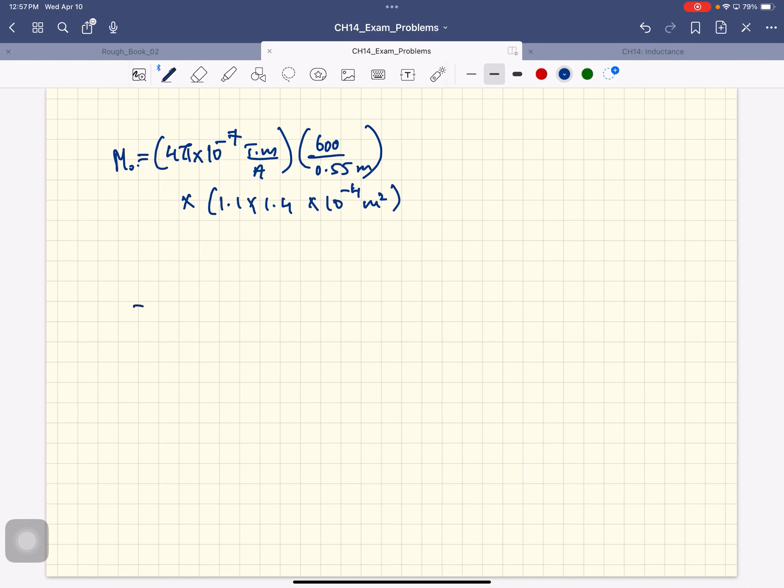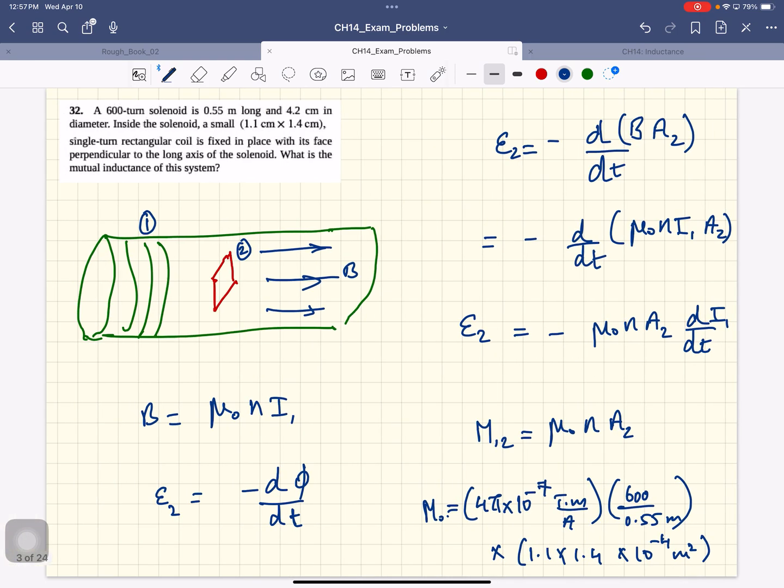Okay, so 10 to the minus 9, 4 pi into 6 over 0.55 into 1.1 into 1.4. And this will be henries. That's M12.